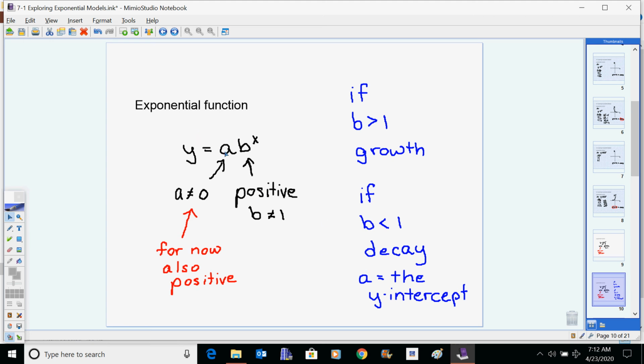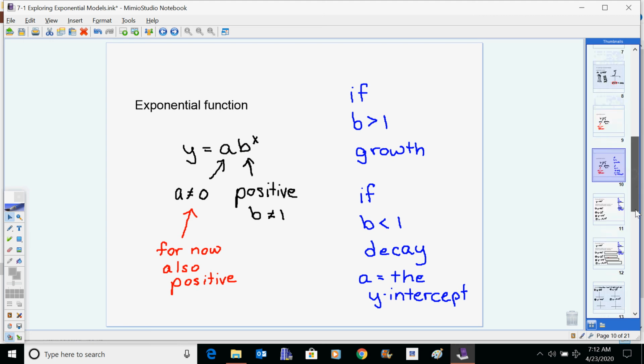So this number is important for telling us the y-intercept, and it will stretch it out a little bit, or it will scrunch it down a little bit. It'll make it a compression if it's smaller than 1. But this number being positive and being greater than 1 is growth, and less than 1 is decay.